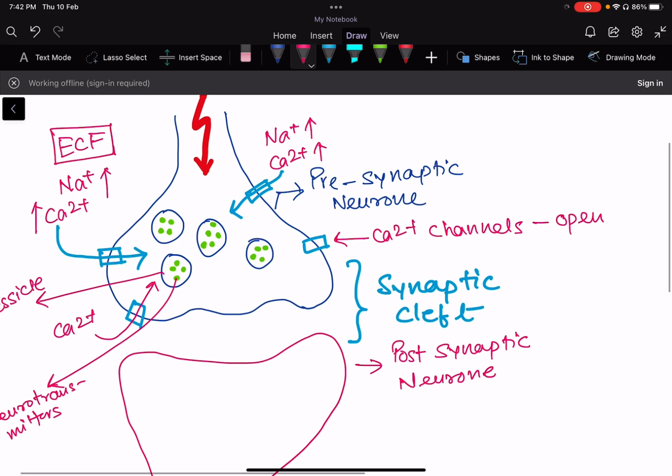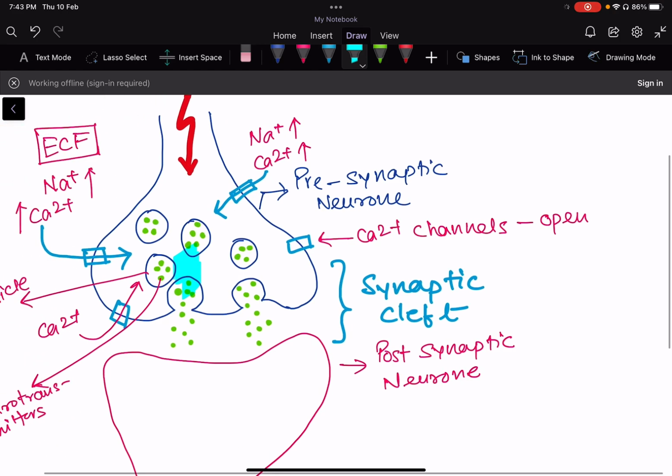All right, so when this calcium enters, something happens, and as a result these vesicles get attached to this membrane like this, and the neurotransmitters get released in here. But what happens in this area? We'll discuss over here.